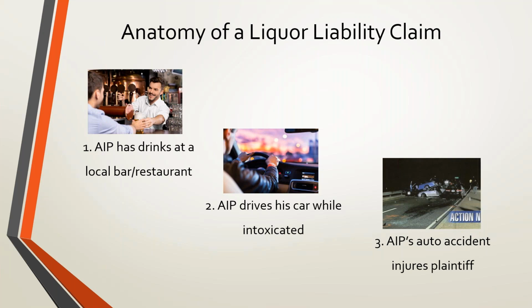In this case, plaintiffs can be multiple parties. A lot of times persons who are actually hit by the car, such as drivers of other cars or pedestrians, can be plaintiffs, or it could be the passengers in the AIP's car, so they can actually bring suit against the bar owner as well.